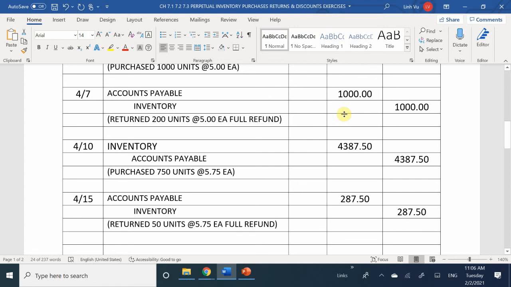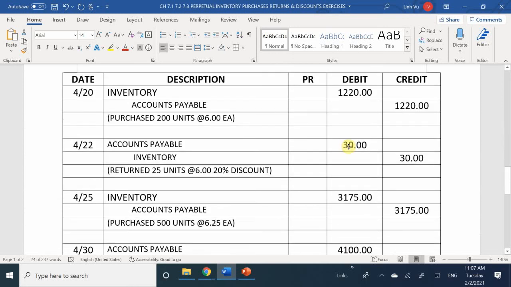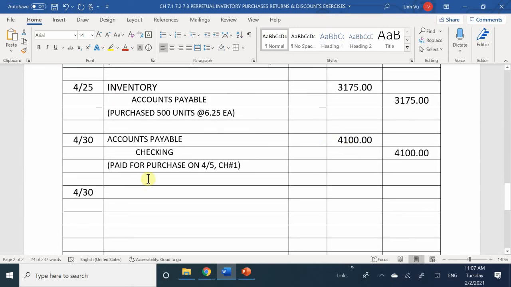So how much do I owe for the second purchases? 4,100. You're going to pay another 4,100, because we decreased our accounts payable by the 287.50, reducing the total amount that you owe to 4,100.